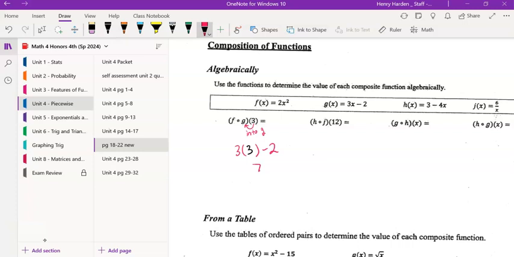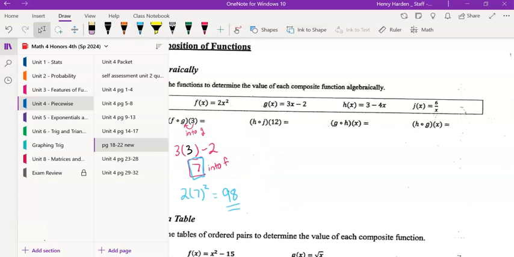Okay, so now we're going to take this 7, and this is going to go into f, but it's going into f as the input, right? So now we're going to say 2 parentheses 7 squared. All right, 7 squared is 49. 49 times 2 is 98. And this is our final answer.